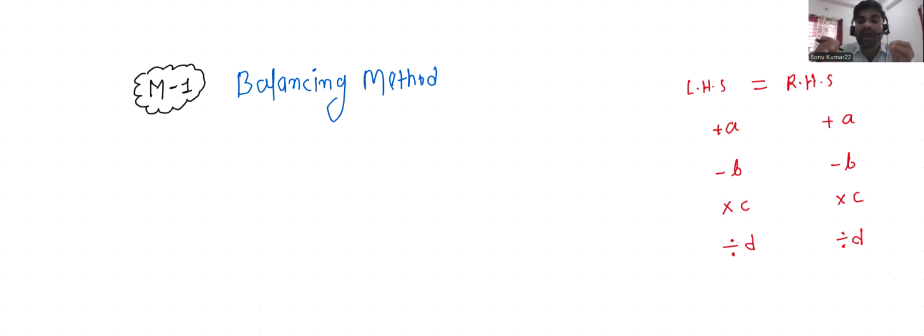If you add a on one side, you have to also add it on the other side. If I subtract b from the RHS, you have to also subtract b from the left hand side.